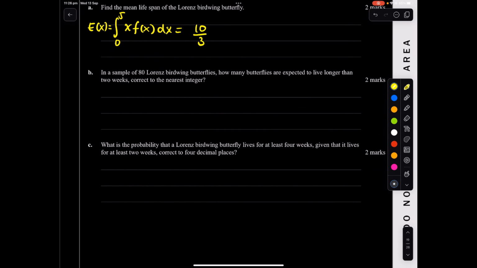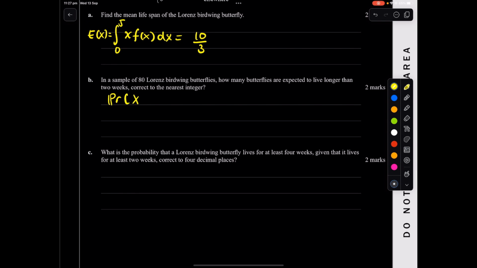In this sample of 80 Lawrence birdwing butterflies, how many butterflies are expected to live longer than 2 weeks? So we want to find the probability that x is greater than 2. And we also want to multiply by the 80, because that's how many butterflies we want to find.